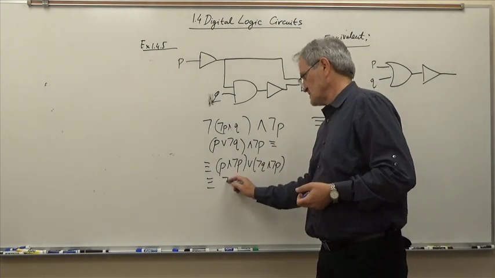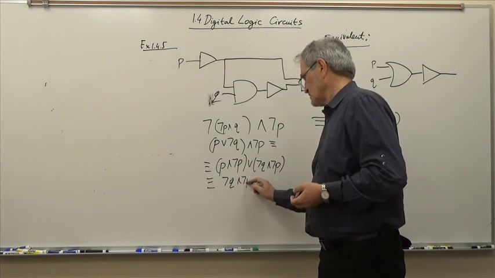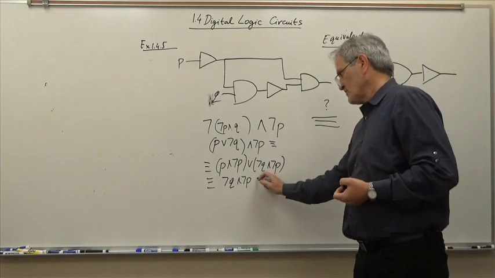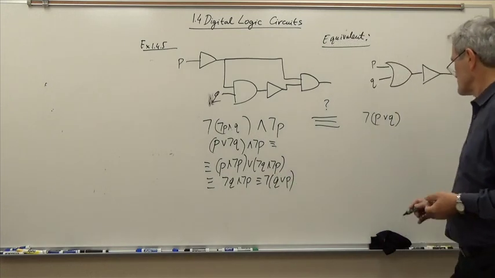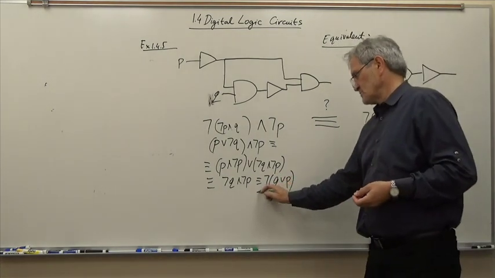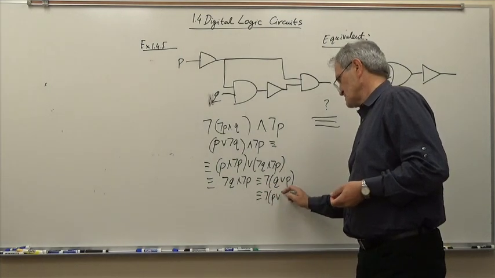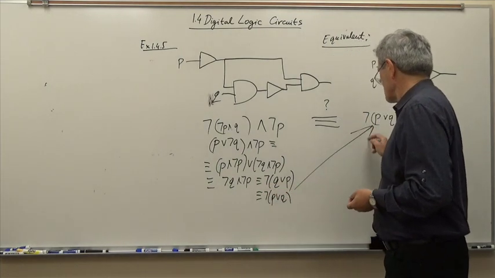False or anything is that anything, so this is equivalent to not Q and not P. I can factor out negation using De Morgan's law backwards, and we got exactly, of course, with commutativity, negation of P or Q. Here is the other circuit.